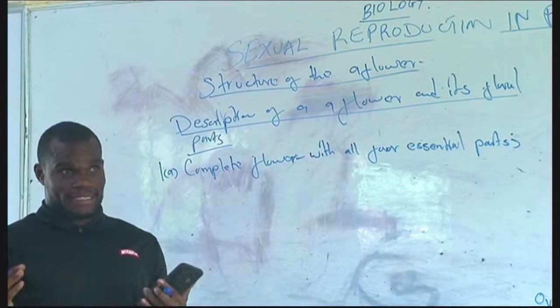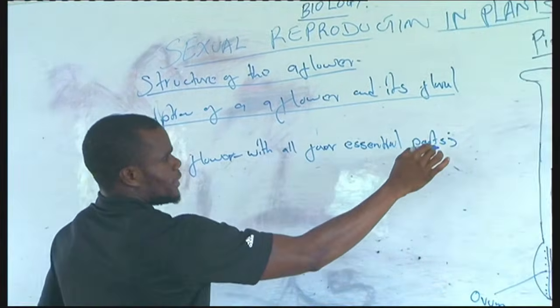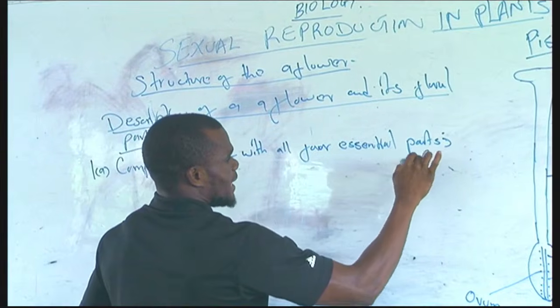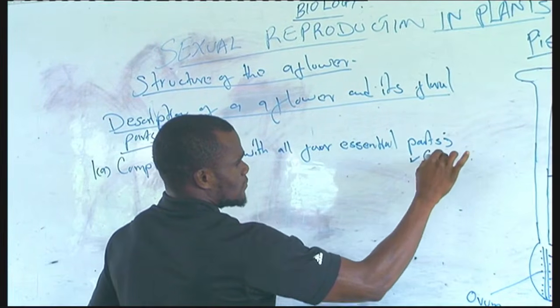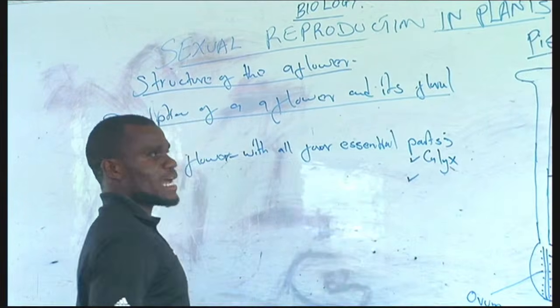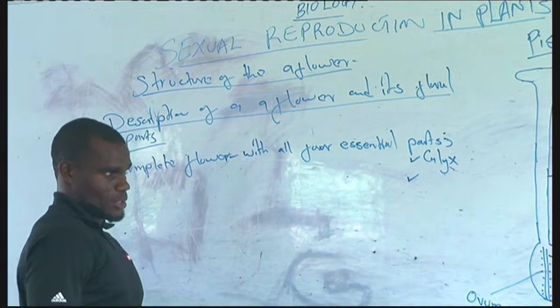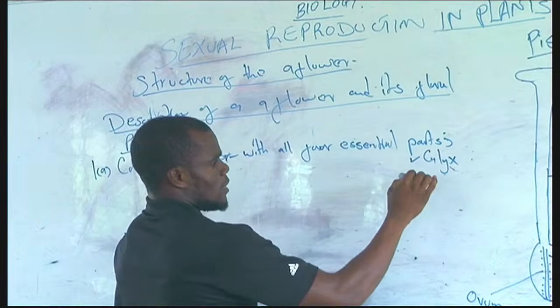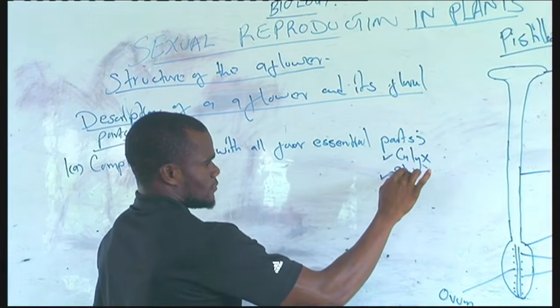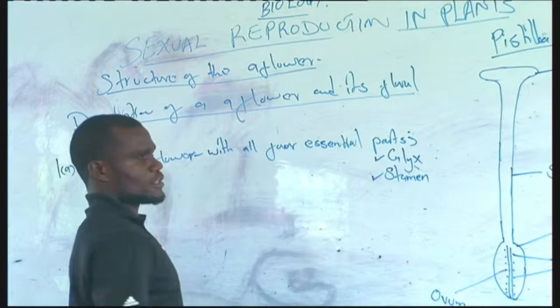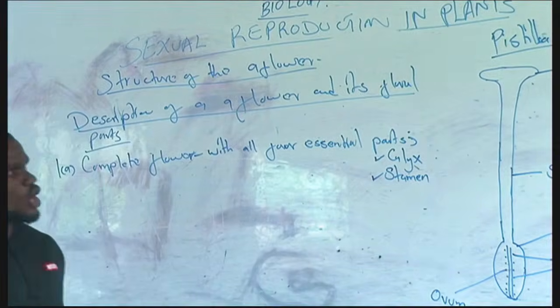We have the calyx. The 4 essential parts are like the calyx. Calyx is the collection of the sepals. We have the stamen. Stamen is the male part of a flower.